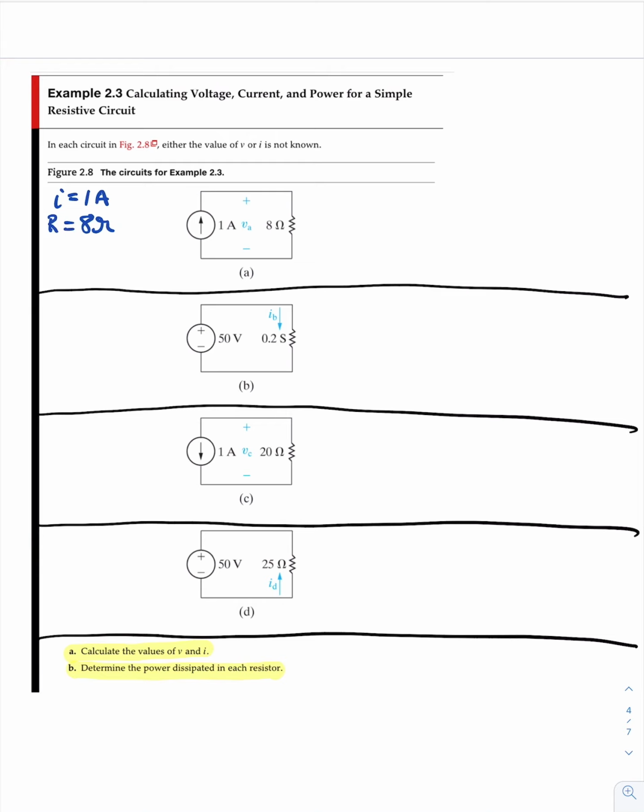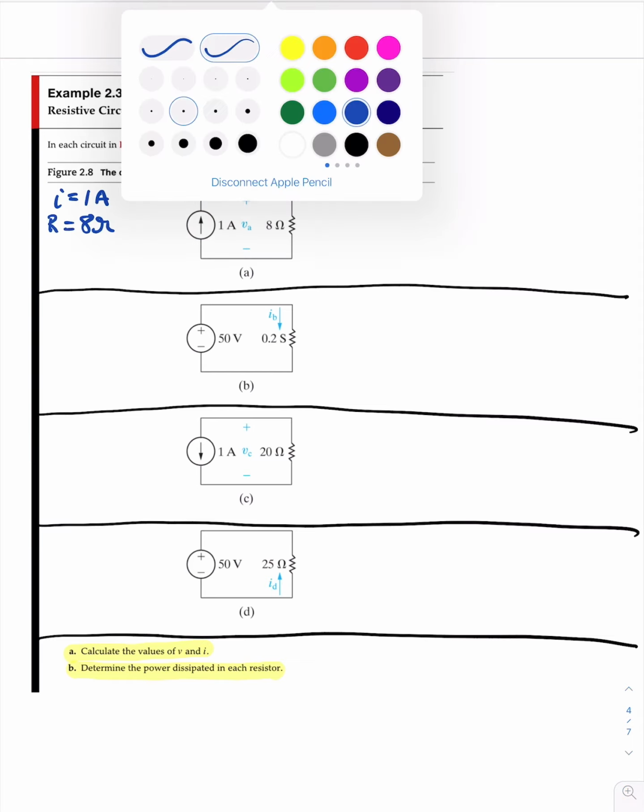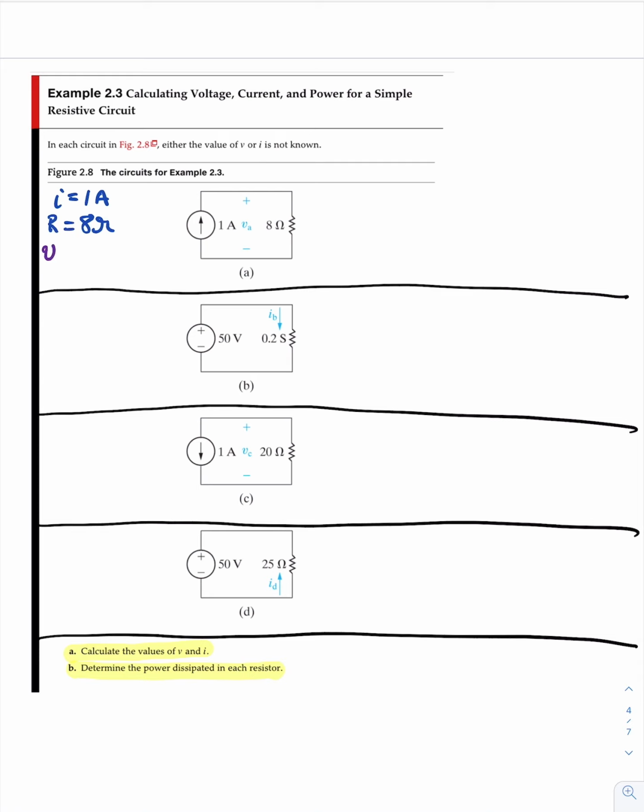And so we need to find voltage. Well, how do we find voltage? Voltage is equal to current times resistance, which is 1 amp times 8 ohms. So our voltage here is 8 volts.